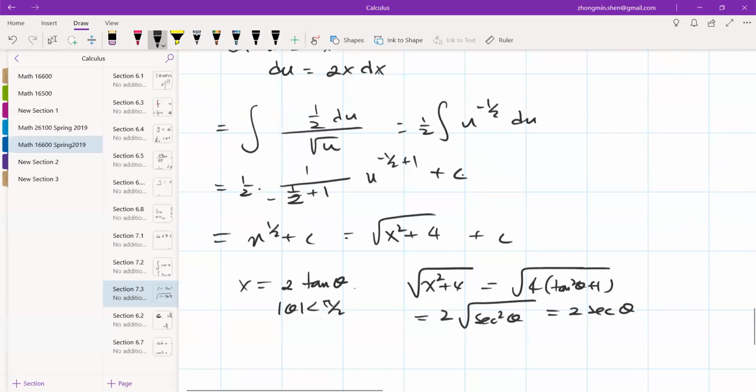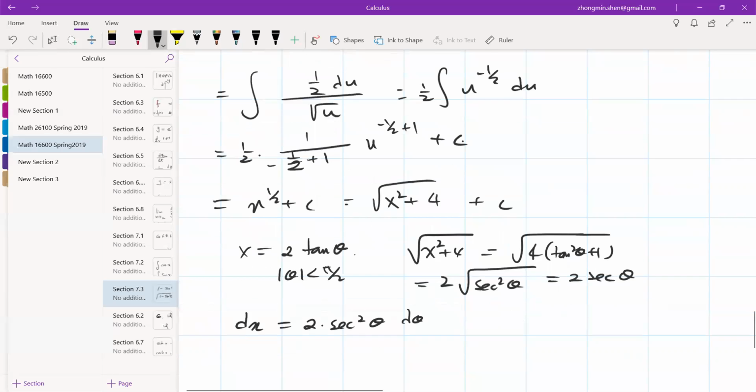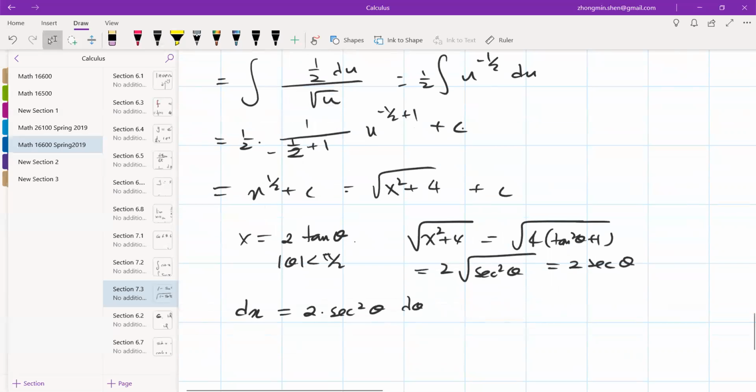Not too bad. But I also have to look at the derivative of tangent theta with respect to theta. That will be secant squared theta d theta. This is what we know, right? The derivative of tangent theta is secant squared theta.